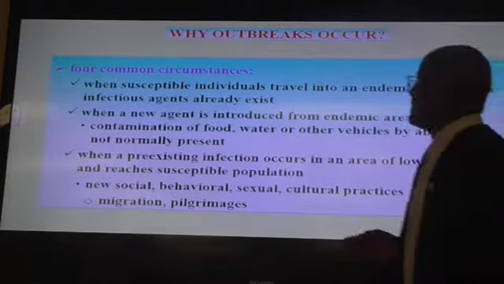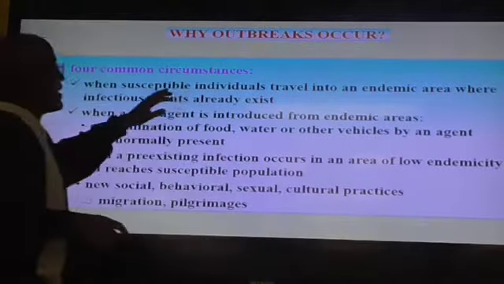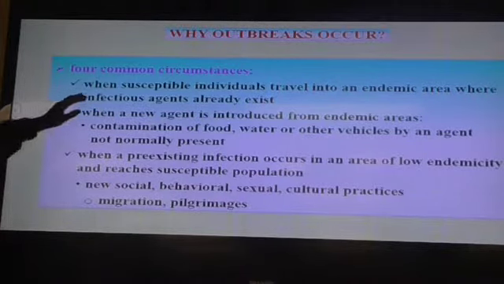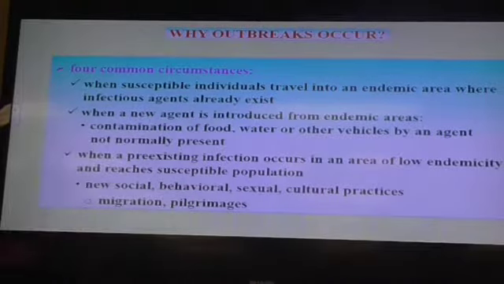So why do outbreaks occur? There are really four circumstances. The first one is when susceptible individuals travel into an endemic area where the infectious agent already exists. The individual is susceptible and has never been exposed to the infectious agent, and when they go into the endemic area, that can initiate an outbreak.